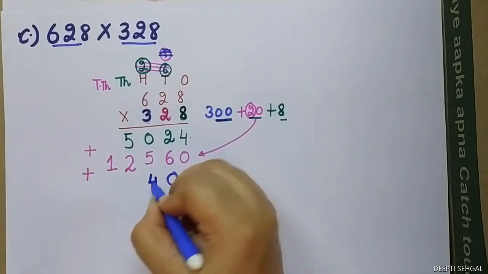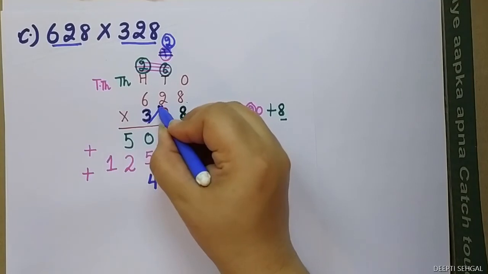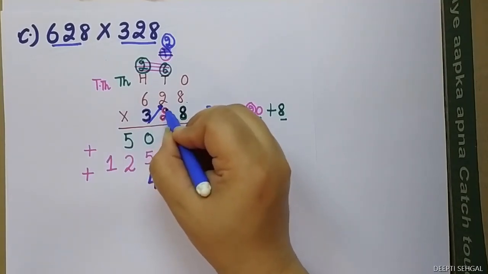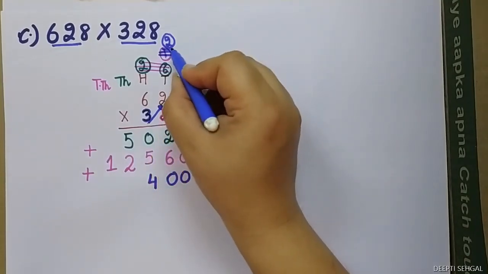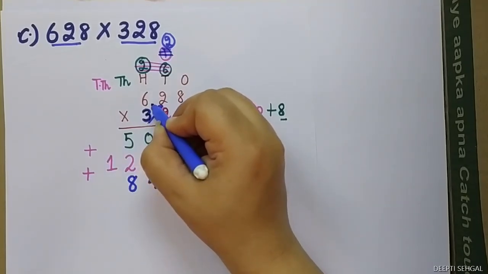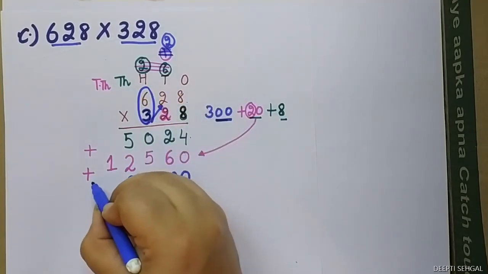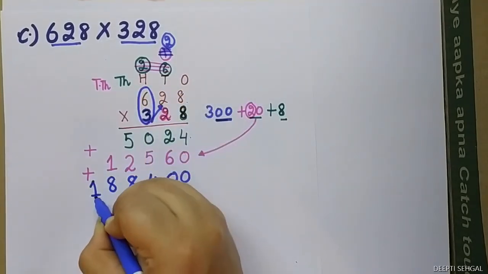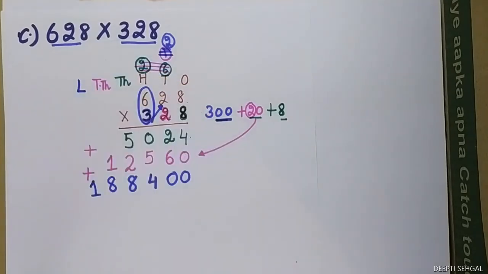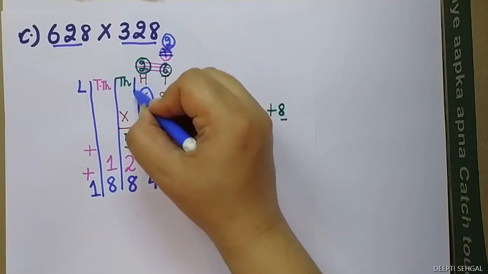So 4 here. 2 carryover. 3 multiply by 2 is 6. 6 added to 2 is 8. Now 3 multiply by 6 is 18. So I will write here 18. And this one is going till lakhs place.